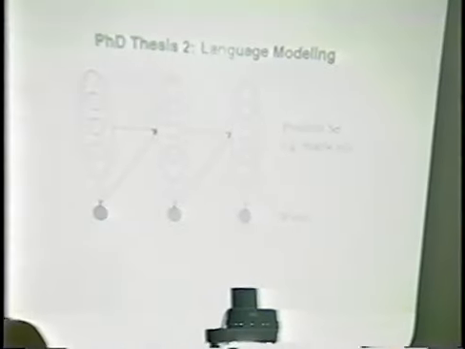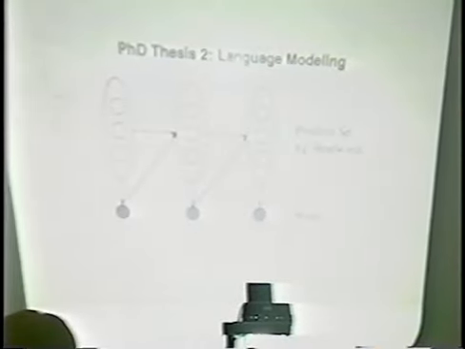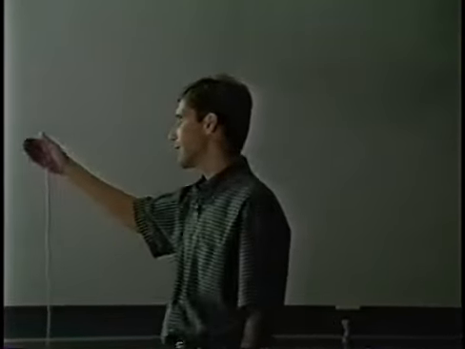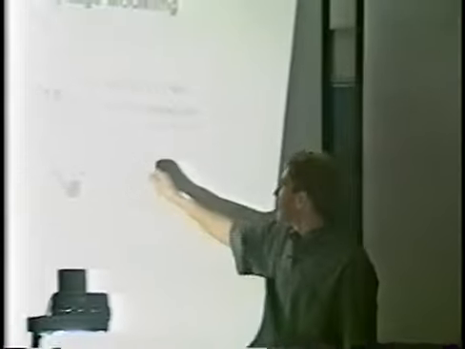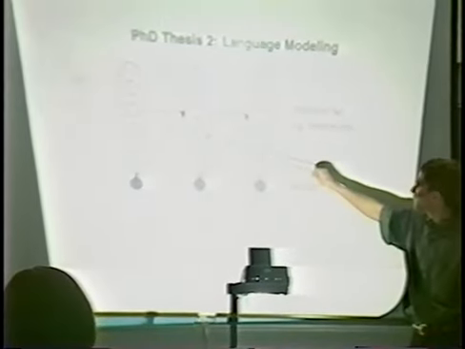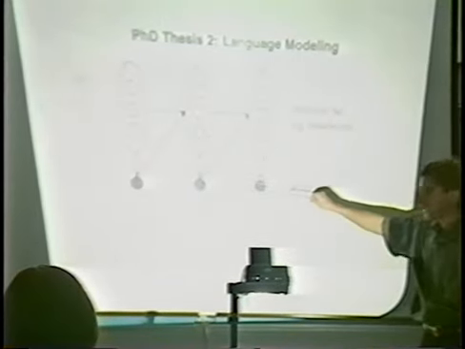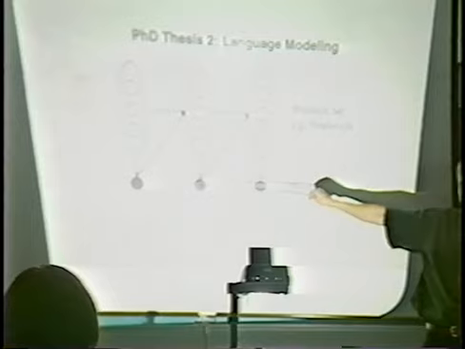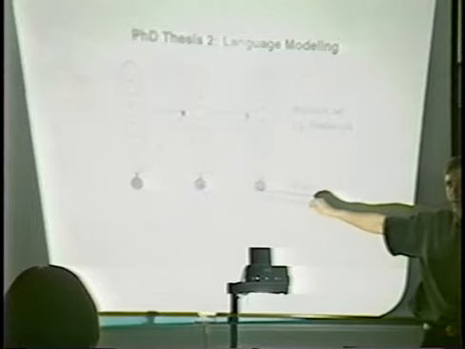Second area that would be very interesting to explore is to actually use these things for language modeling. So an example of a Gestalt type language model is, well, you've got some predictor set from which you want to predict what the current word is going to be. Then you see the current word.